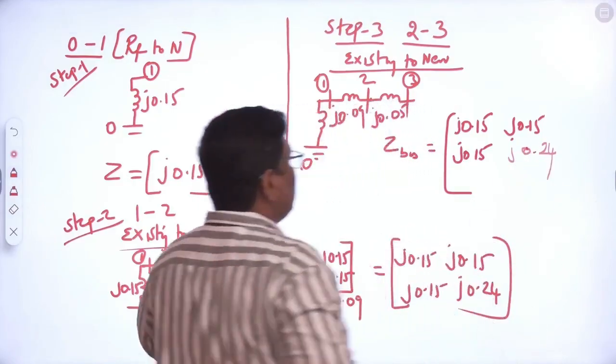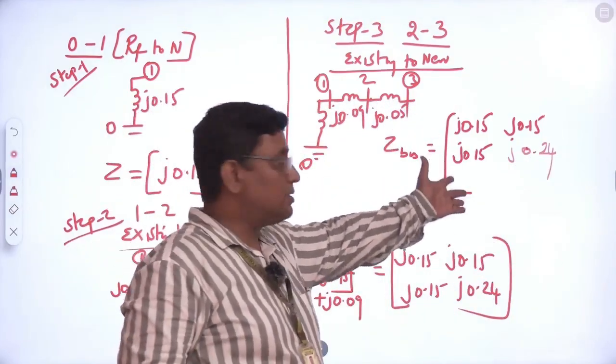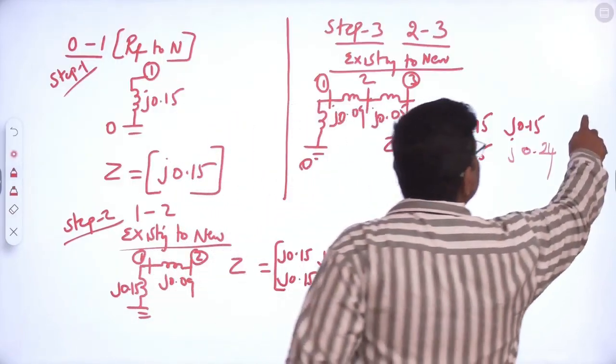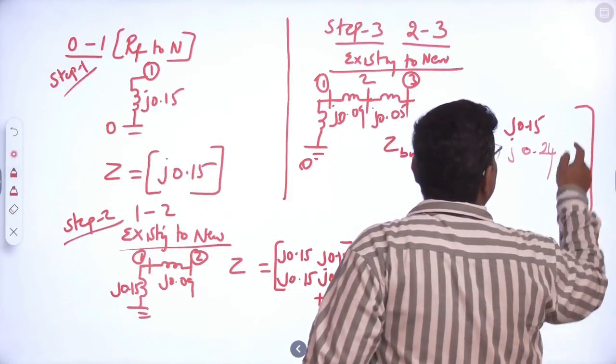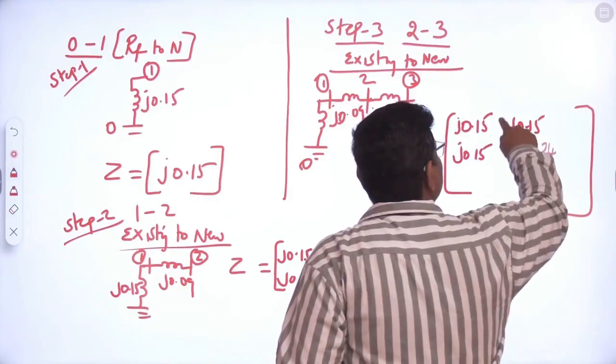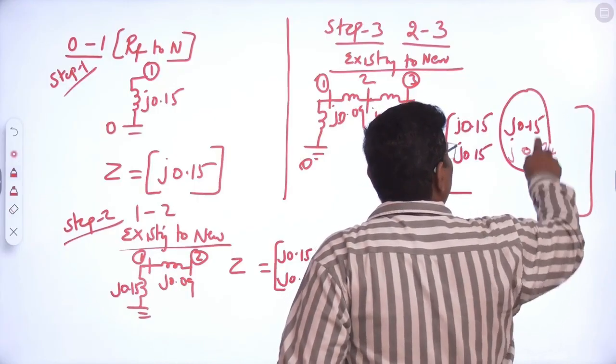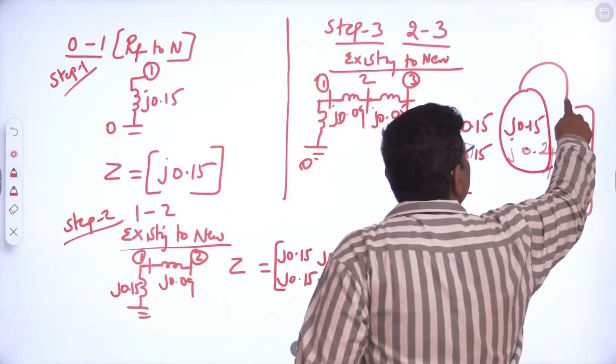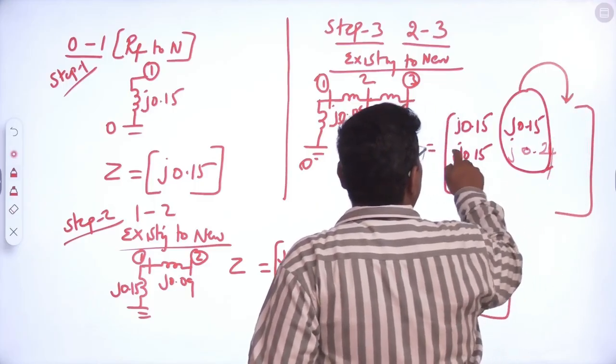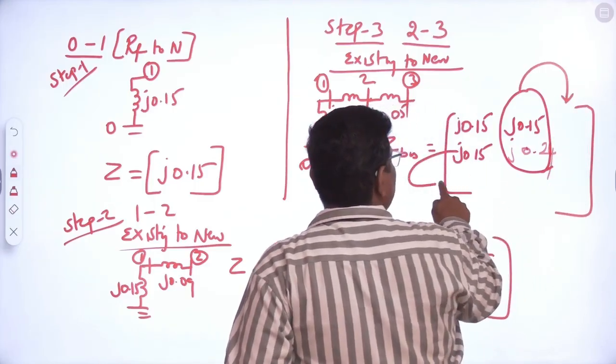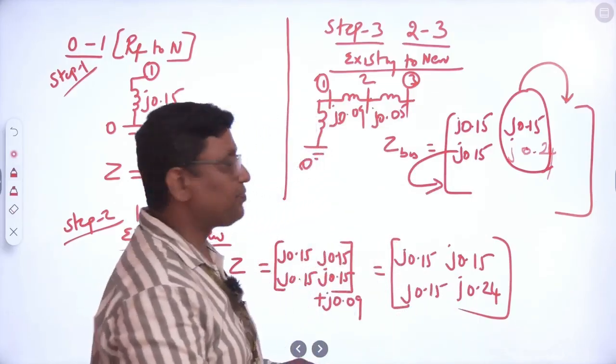So this is the previous result. The same column is repeated in the third column. In the same manner, the second row is repeated in the third row.